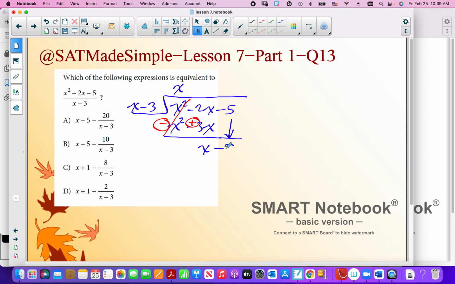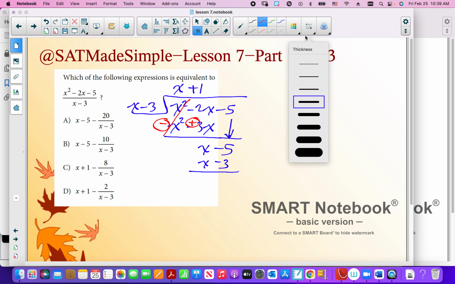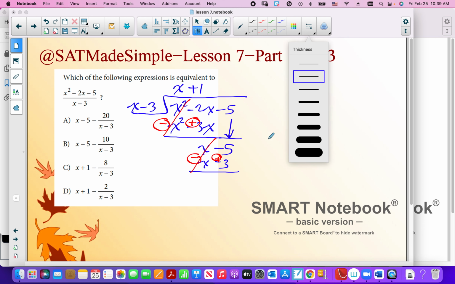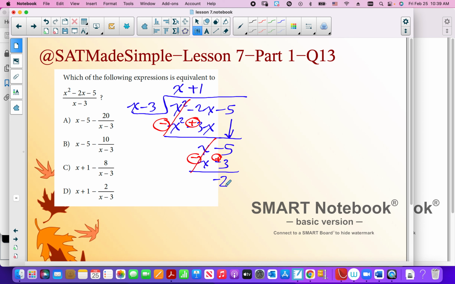And I bring down the minus 5. What should I multiply x by to get plus x plus 1? That'll be x minus 3. Once again, change the signs and add. That is a minus, that is a plus. X with x cancels, and minus 5 plus 3 will render the remainder minus 2.